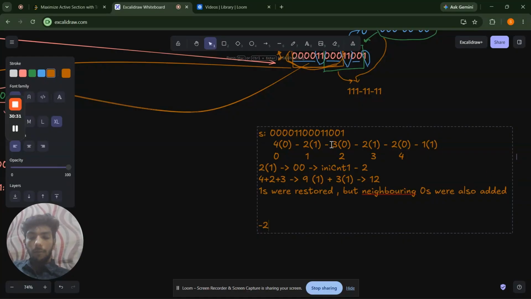But when this block of zero was reunited to form and convert to one, we would have first got these three zeros, which will be converted to ones, then the original ones which were lost, and the new zeros on its right. So we got additional zeros.